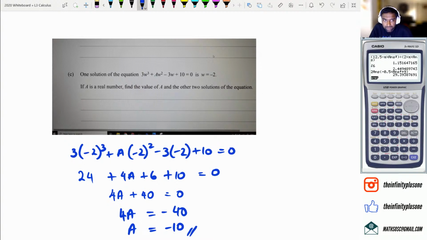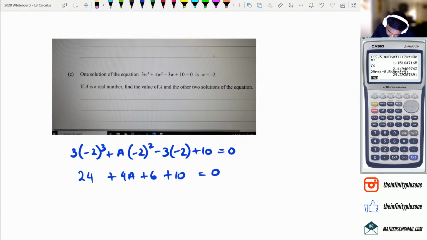All right, just figuring out the A. Oh, sorry, yeah, good point. This is what happens when I try and rush through things. Negative 24. Let's try that again. So what do we got? 4A, 16 minus 24 minus 8.